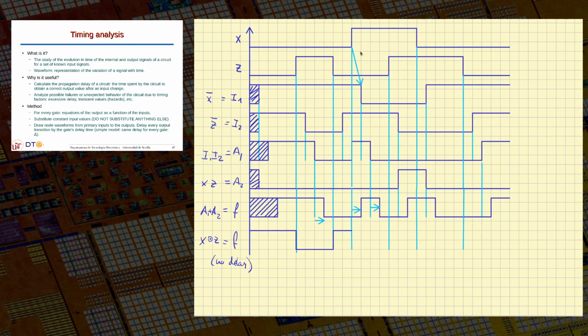Here they are different, so it changes to 0. This interval, they are the same, so it changes to 1. And in this interval, they are different, changes to 0. And the rest of it, they are the same, so it changes to 1 again.